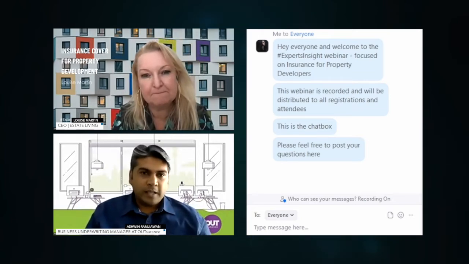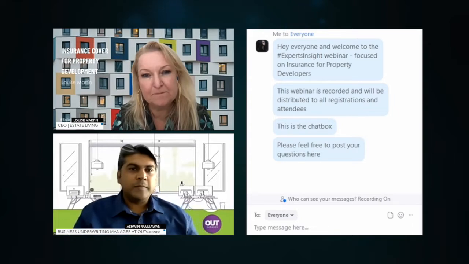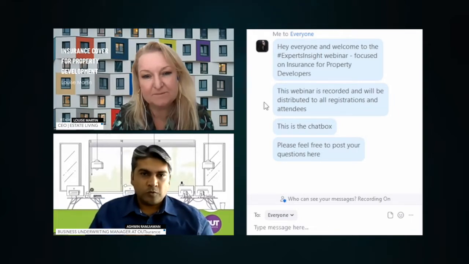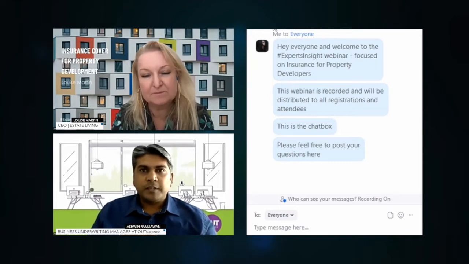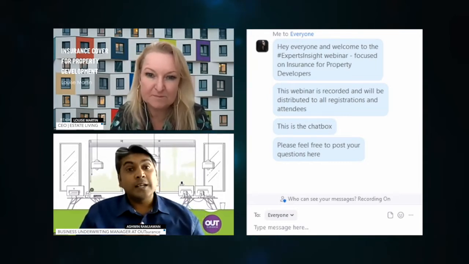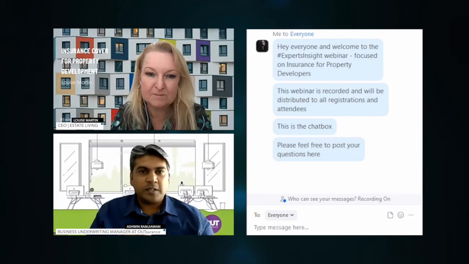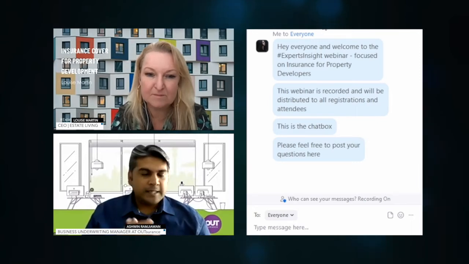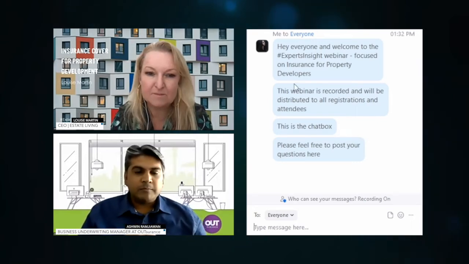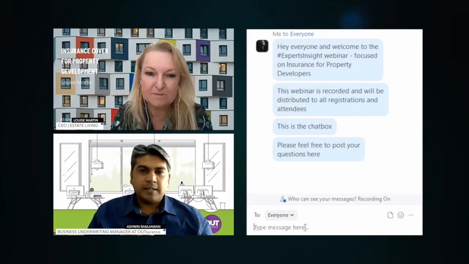and then the most common out of all of them, what we see in the market being sold, is contractors all risk, commonly also referred to as contract works insurance. So depending on what the market calls it, one and the same type of cover. And when you consider this cover, it would offer you two options in terms of how you would structure the cover.